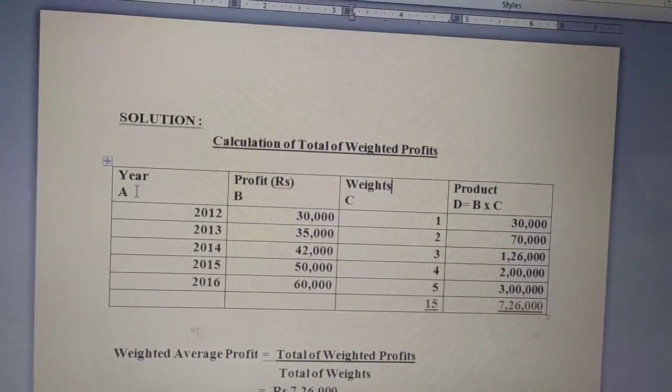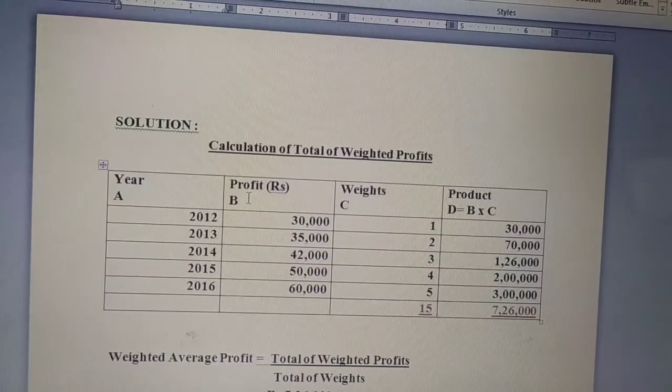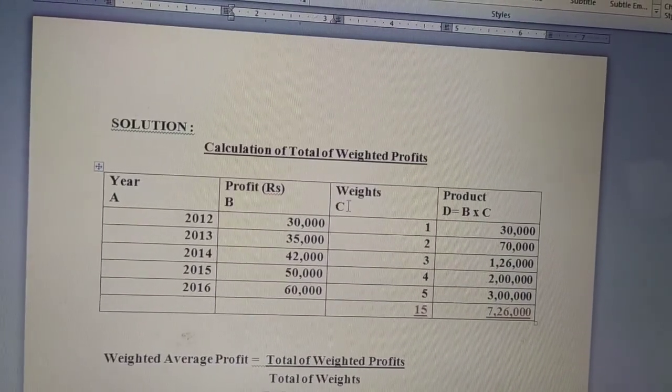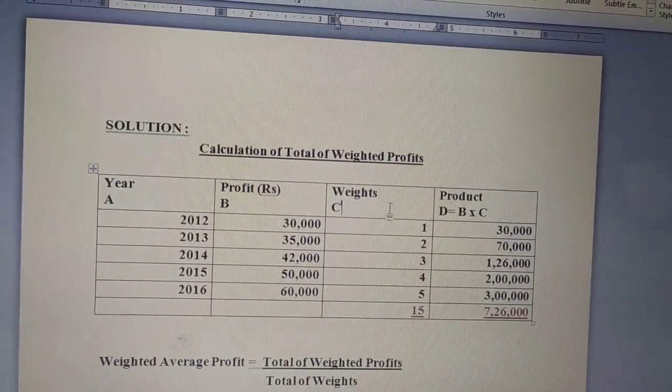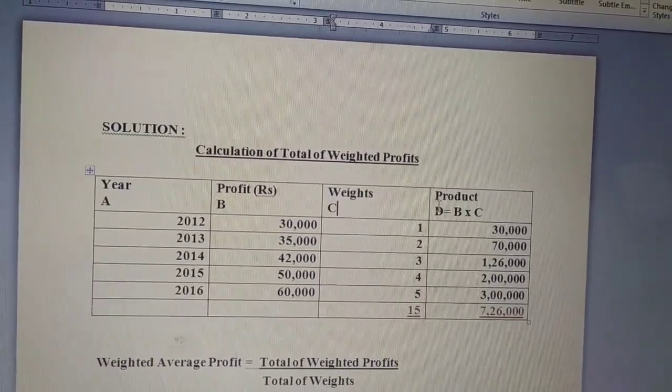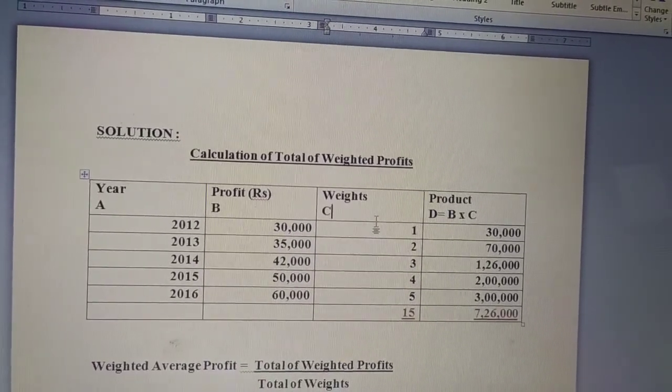For year I have given A. The profit I have written B, for the weights I have written C, for the product I have written D, and the formula of product is B into C. Yes, for product here we need to multiply profit with weights.